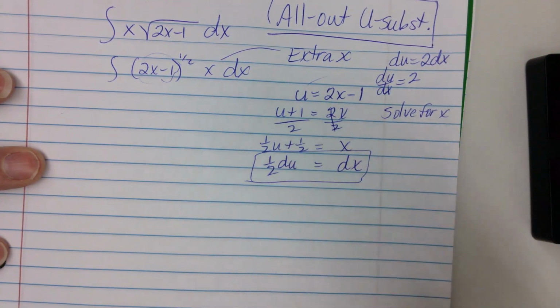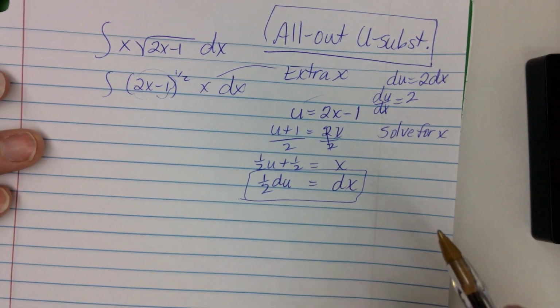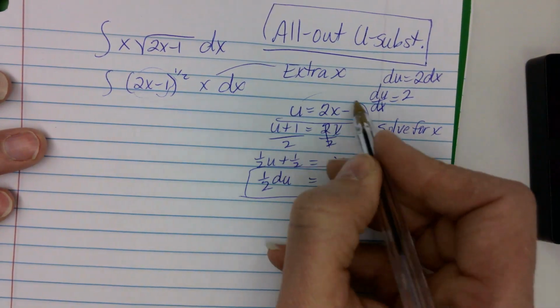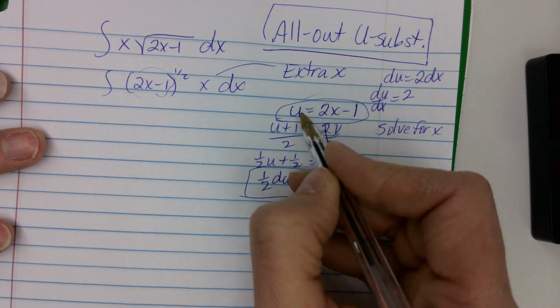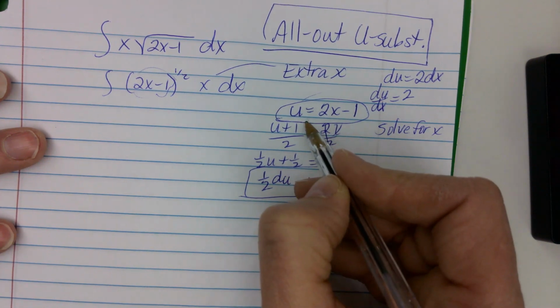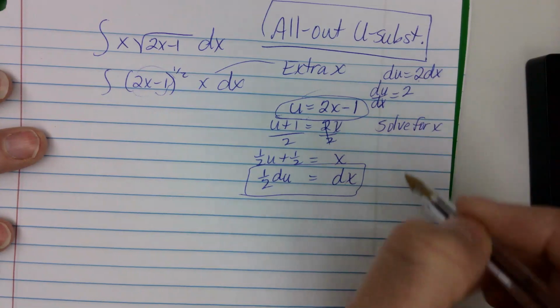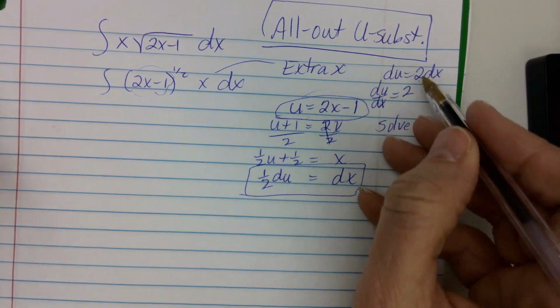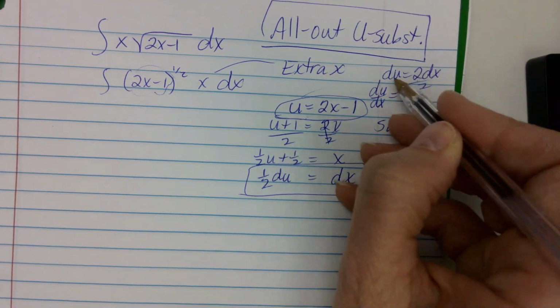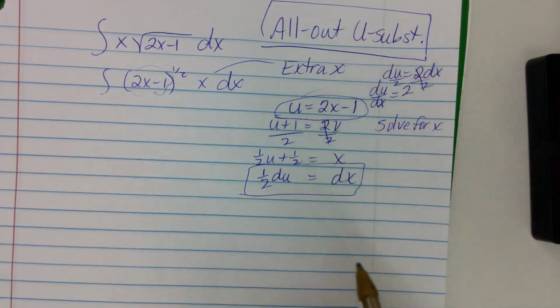I just took the derivative of u with respect to x, which is just the 2, and then divide by 2, and you'll have dx is du over 2.